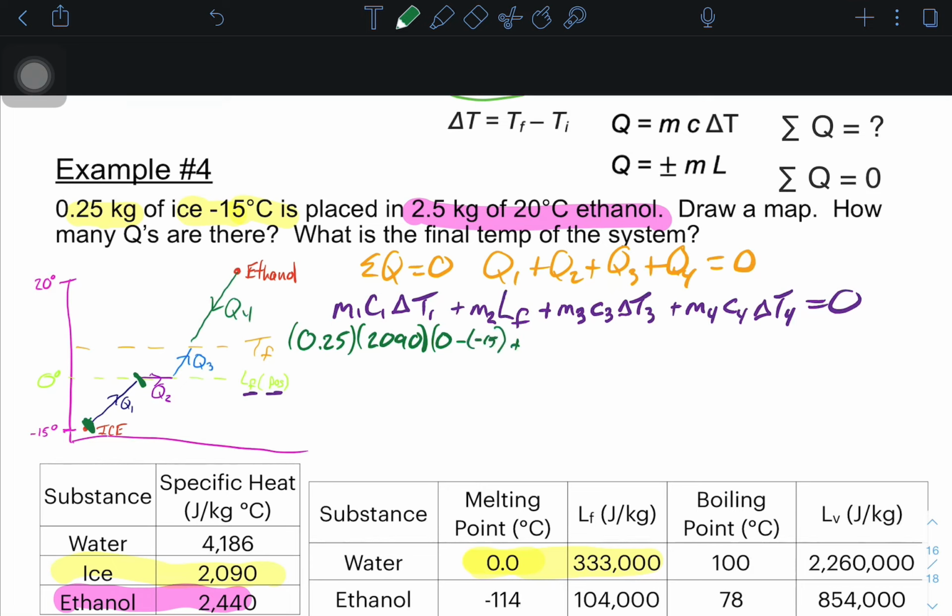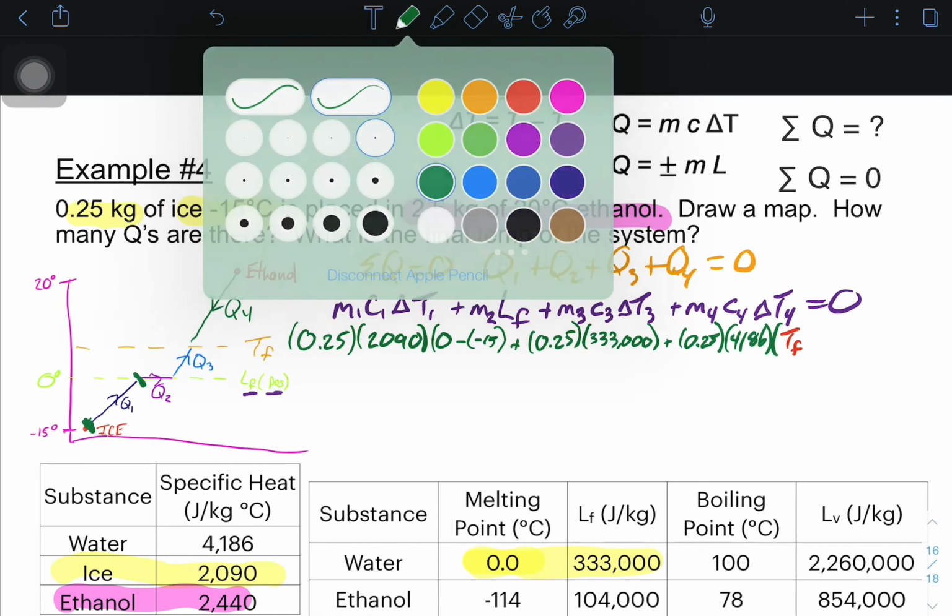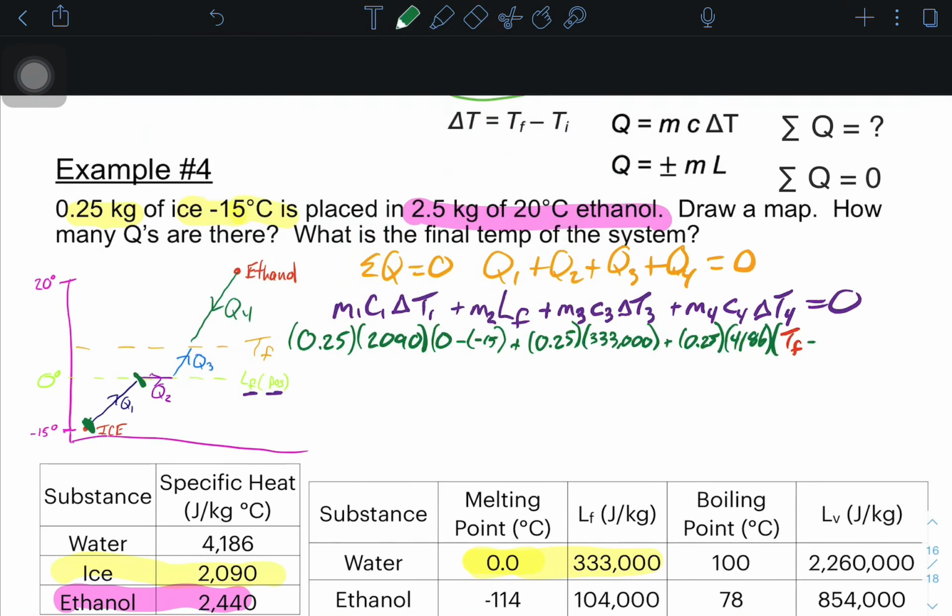My Q2 was the ice, so 0.25 is my mass, times the latent heat of fusion, 333,000, plus 0.25 times my specific heat of, now it's liquid water, so 4,186, times my TF, minus what that started at, and my Q3 started at 0, so it's minus 0.